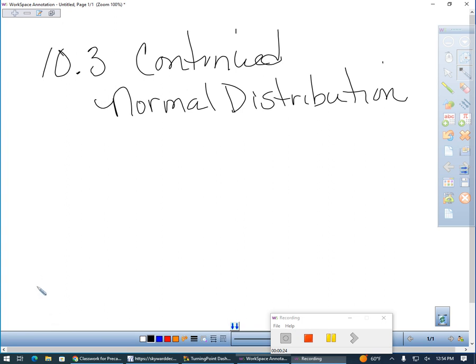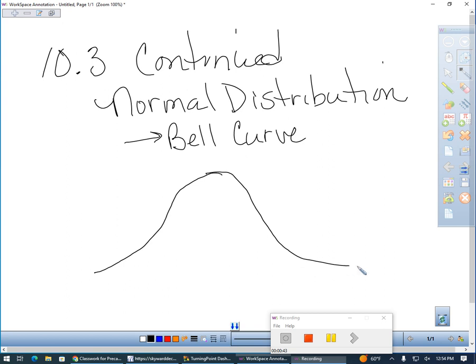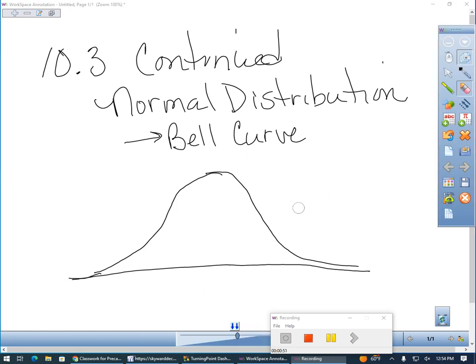And to do a normal distribution, we use what we call the bell curve. A bell curve literally looks like a bell. It should be more symmetrical, but you know.